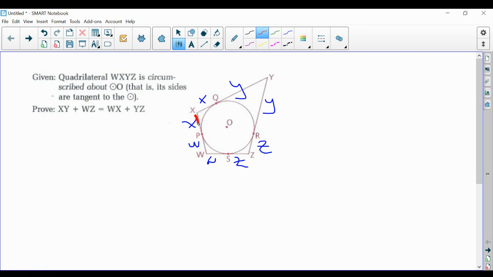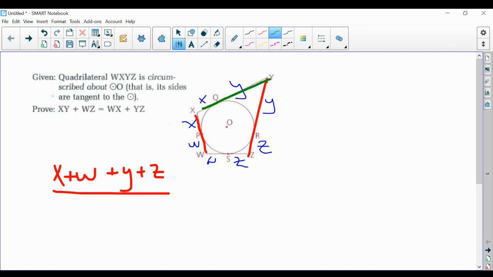So now I can see that xw, that side, is x plus w. And that side there is y plus z. So my red pair of opposite sides has one of each: a w, an x, a y, and a z.